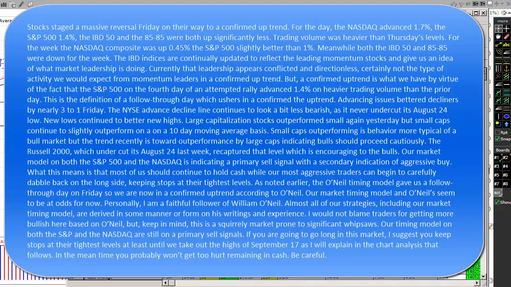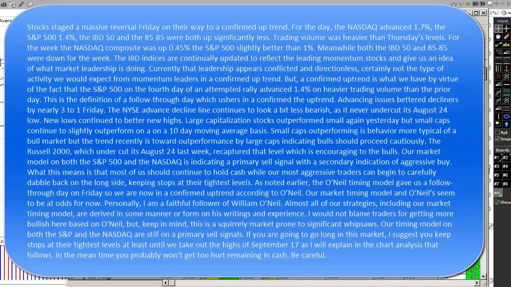Small caps outperforming is behavior more typical of a bull market, but the trend recently has been toward outperformance by large caps, indicating the bulls should proceed cautiously here. The Russell 2000, which undercut its August 24th low last week, recaptured that level, which is encouraging to the bulls.